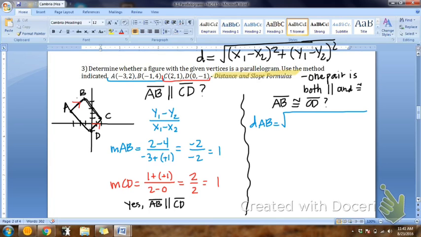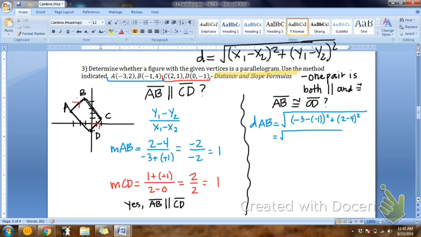We're checking AB first. Don't lose your square root.